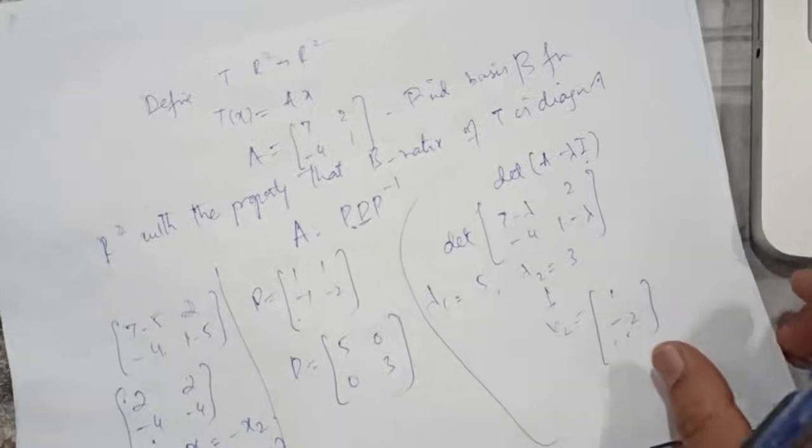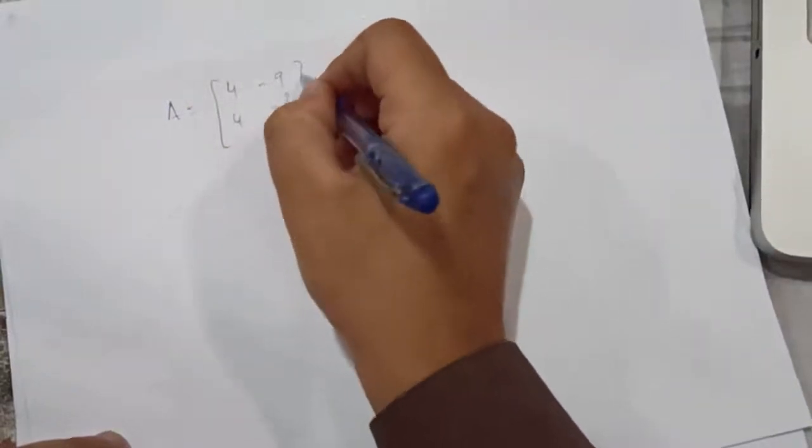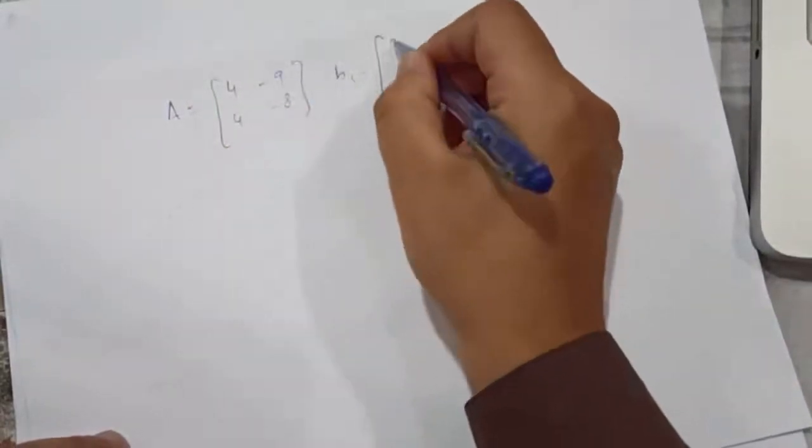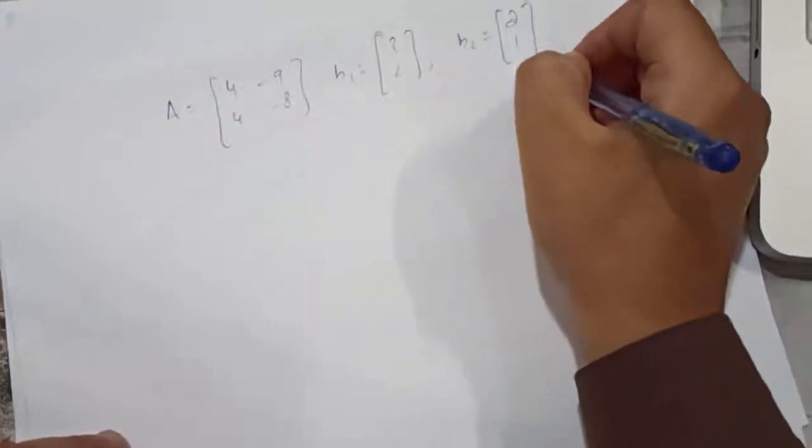So we can do another example to illustrate the concept further. Let's say A equals 4, 4, minus 9, minus 8, and b1 equals 3, 2, and b2 equals 2, 1.